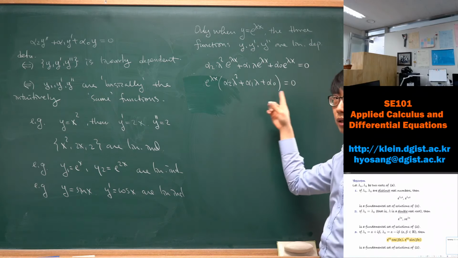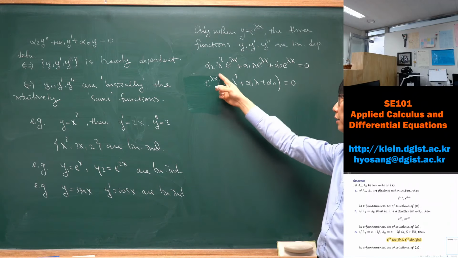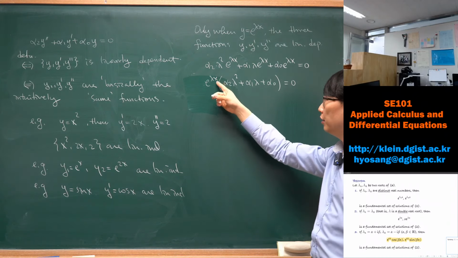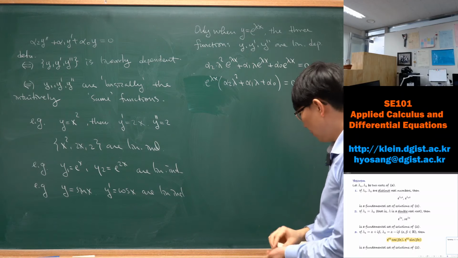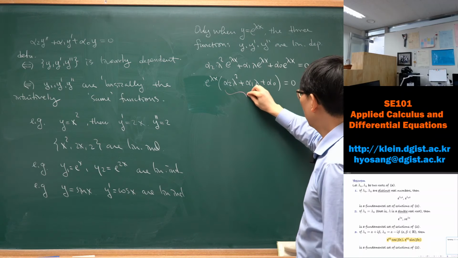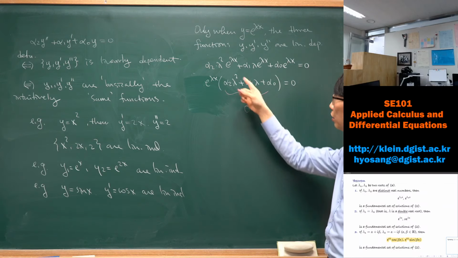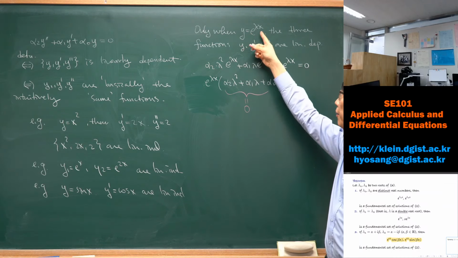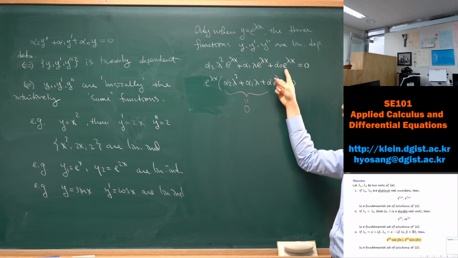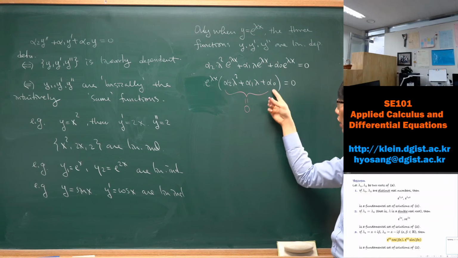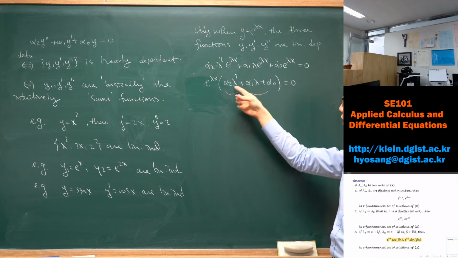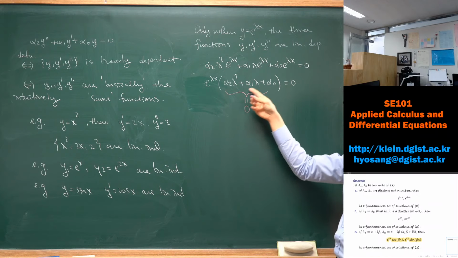Now that must be identically 0 regardless of what the x value is. So this coefficient must always be 0. So in order to have e to the lambda x be a solution to this differential equation, you need your lambda to satisfy this quadratic equation.